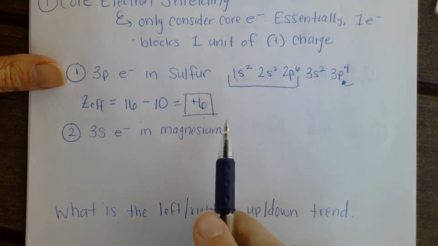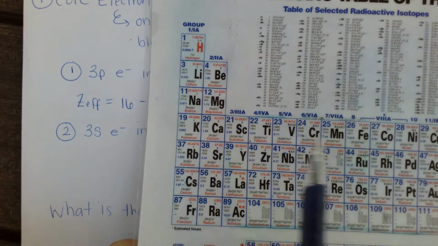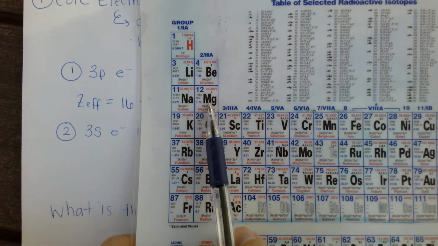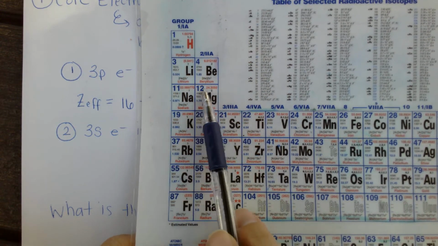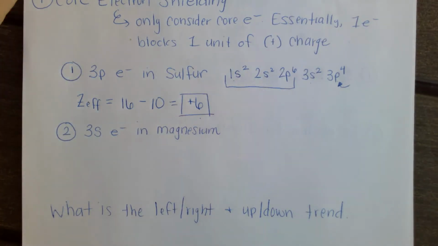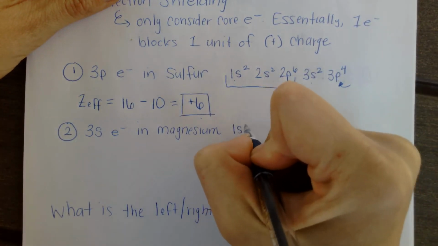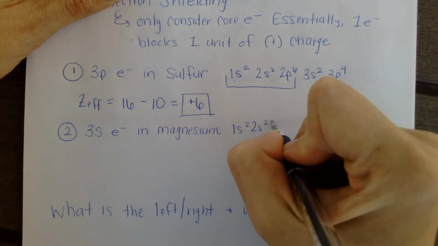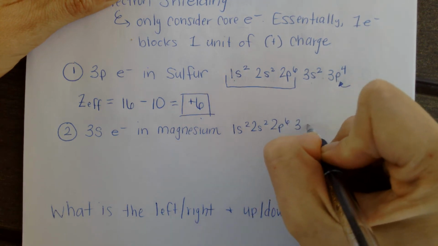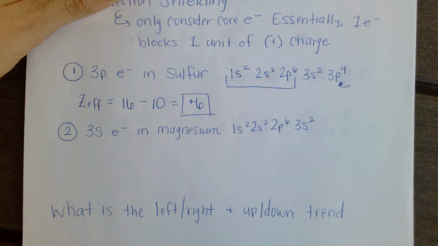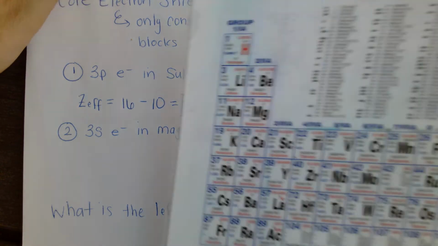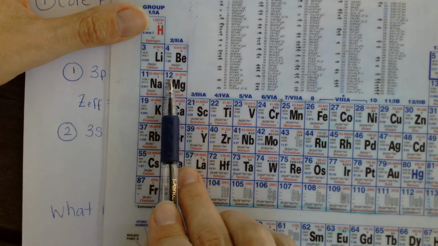Again, we'll write out our configuration, and we have most of it with sulfur. We're just stopping right here at 3s. So this one is 1s2, 2s2, 2p6, 3s2. Same thing. Magnesium has 12.